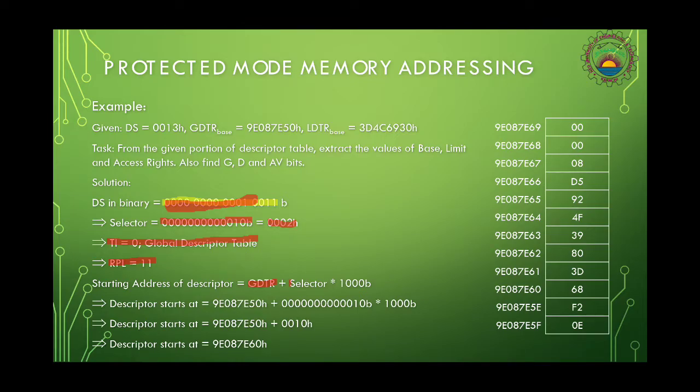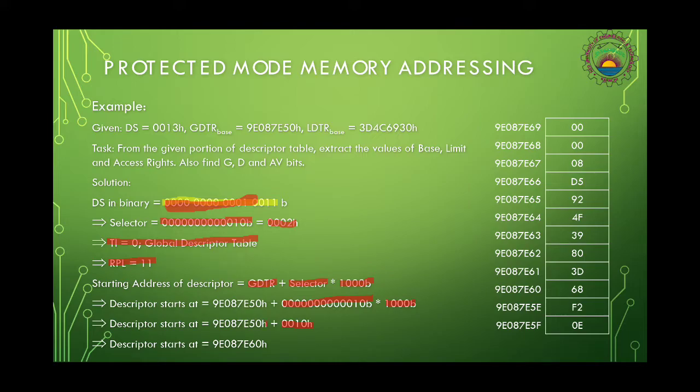So we have multiplied the selector value with 8 hex, or in binary that will be 1000 B. So that is the binary value for the selector. We have multiplied this value with 1000 B, so we will be getting 10x in hexadecimal.